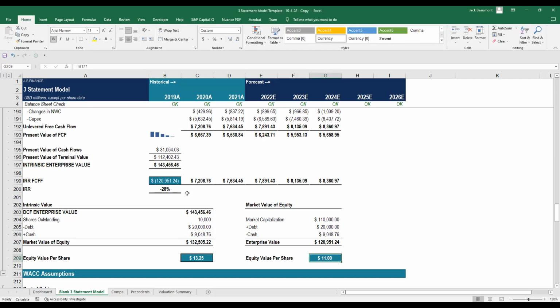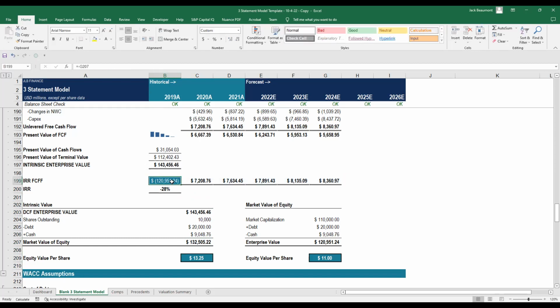So if you were an analyst working for, say, a hedge fund, deciding whether to buy this stock, and if this model was accurate, you would make the decision to purchase the stock. Okay, I'm going to see what's going on here, because it shouldn't be negative.